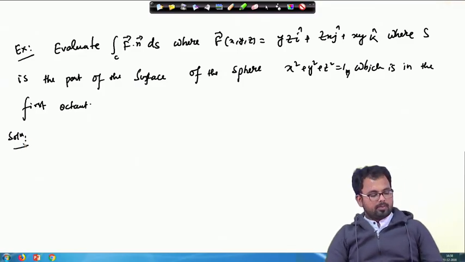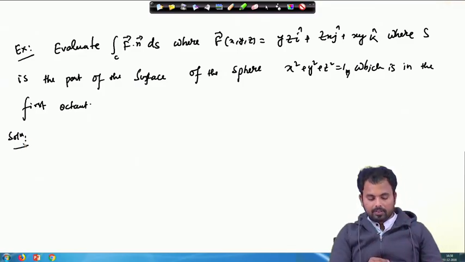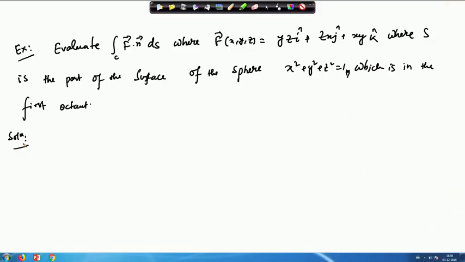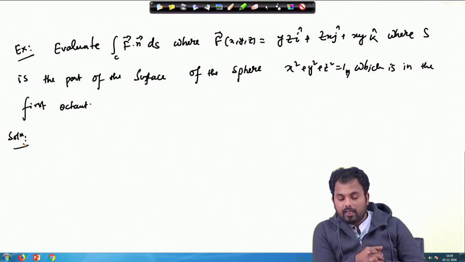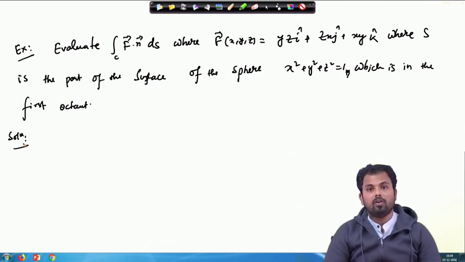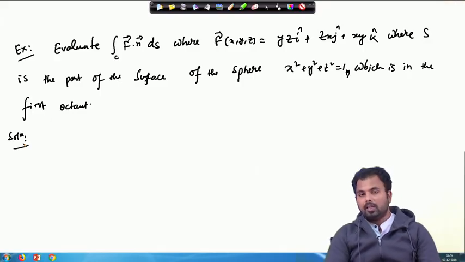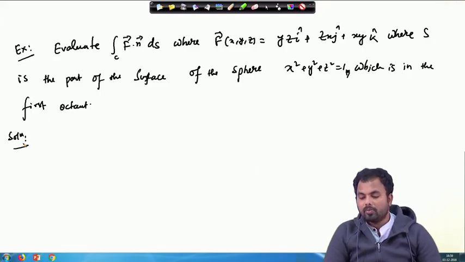So, here in this example, we have a given vector function f, and we have to calculate the surface integral f dot n ds, and the surface on which we have to integrate is given by x square plus y square plus z square equals 1.